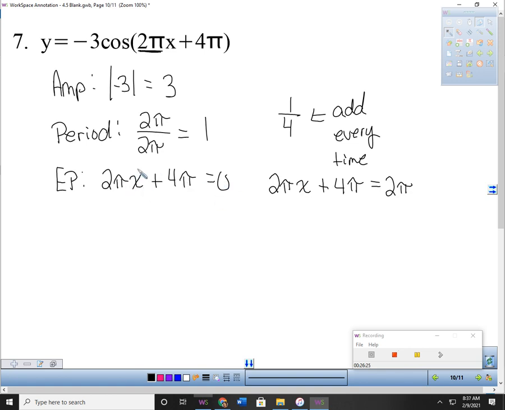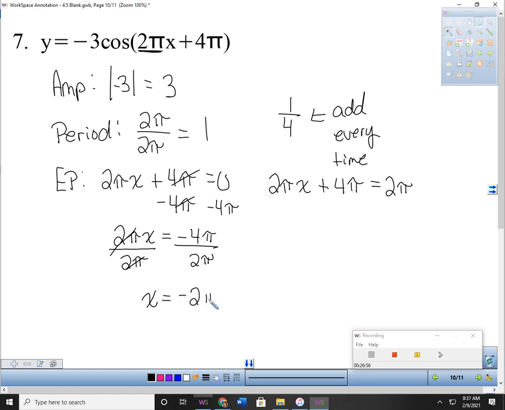So I'm just going to solve for x, so I subtract the 4 pi. So 2 pi x is equal to negative 4 pi. And then I'm going to divide by 2 pi. So x is equal to negative 2 pi.